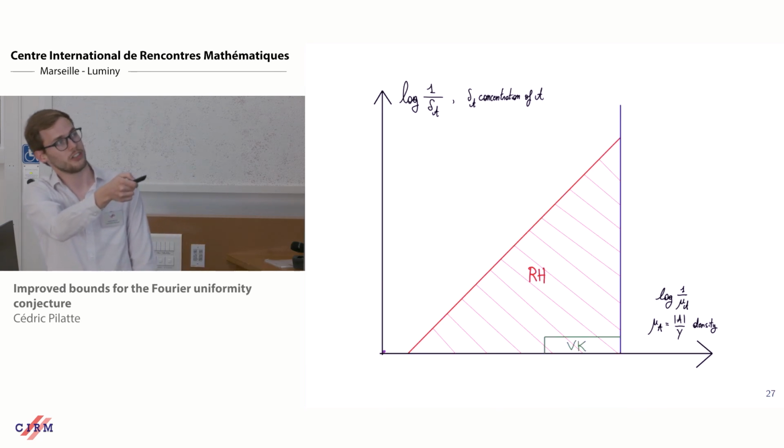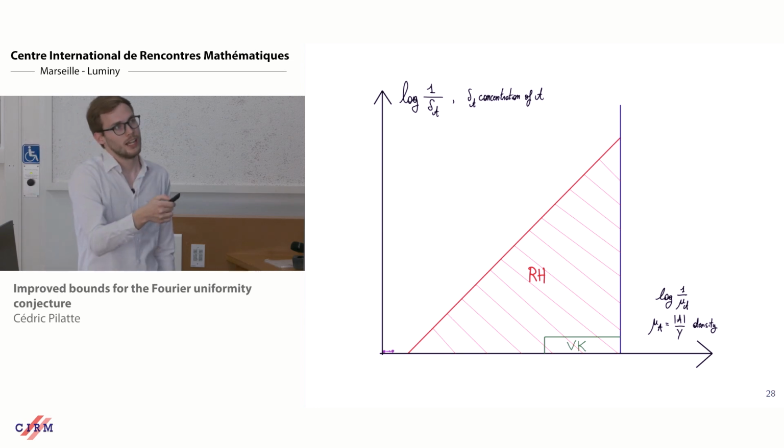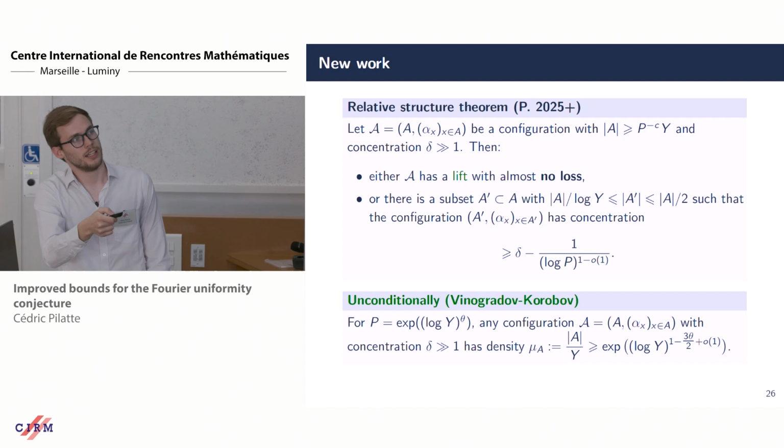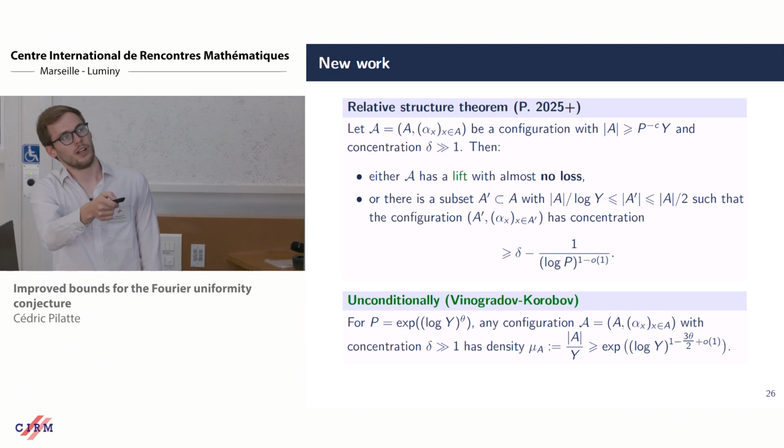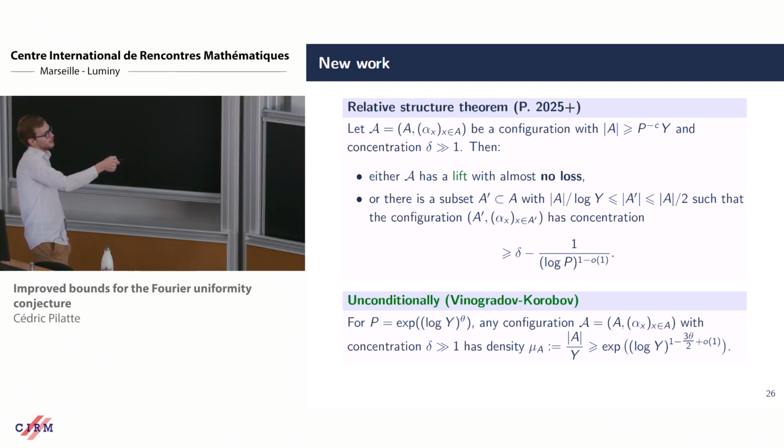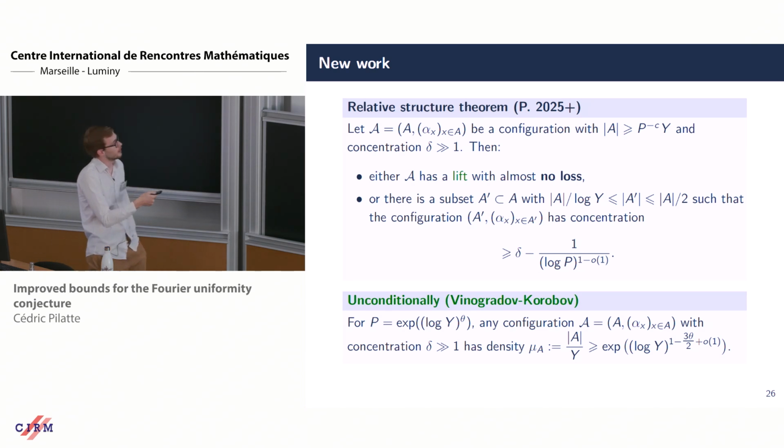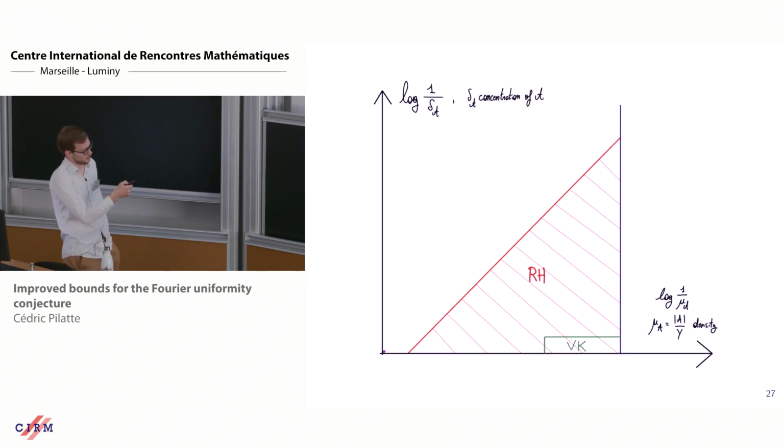So this means that the region doesn't go very far up. It's bounded in height. And also, it only starts to be non-trivial when the density you want becomes really small. Okay. So this is a region that's forbidden. So you can never have a configuration with these parameters.